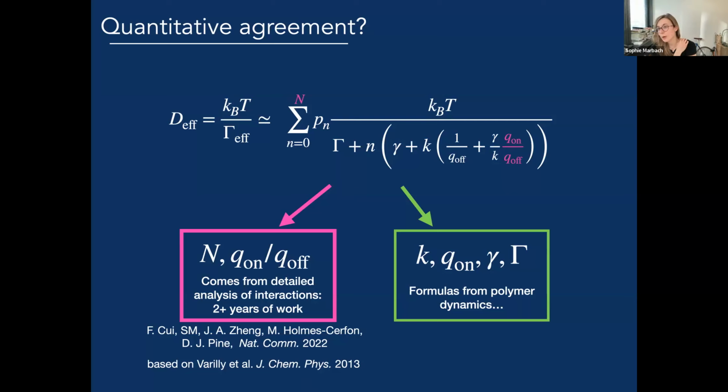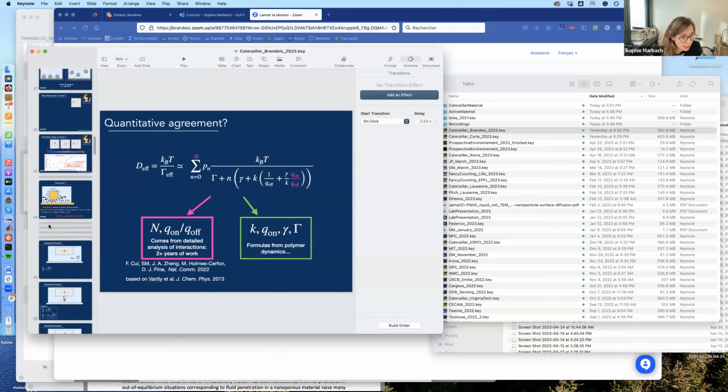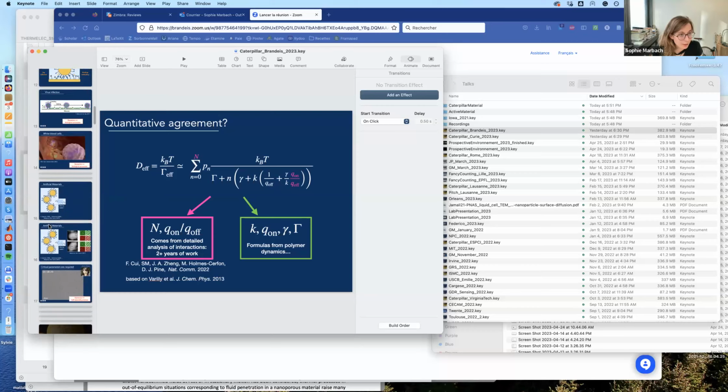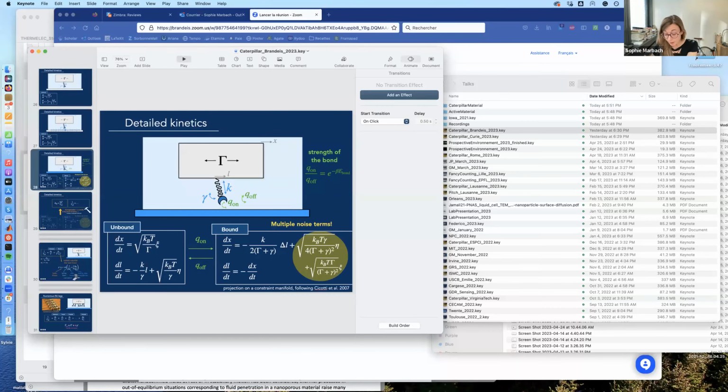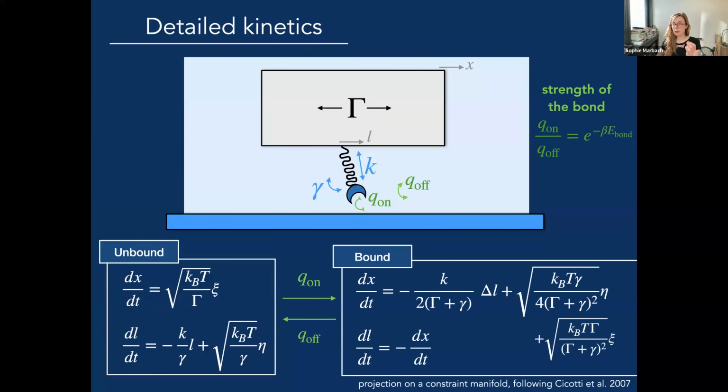Yes, so the dominant interaction energy is indeed, so in this Q on over Q off, a bit earlier, sorry, you're going to see my whole screen. I was very quick about that, but in Q on over Q off, you have the strength of the bond. So if you were in a very simple system, it would only be the strength of the DNA going from single-stranded DNA to double-stranded DNA. That's the dominant term, but there's a little bit more that goes into play, and that's due to those entropic forces.